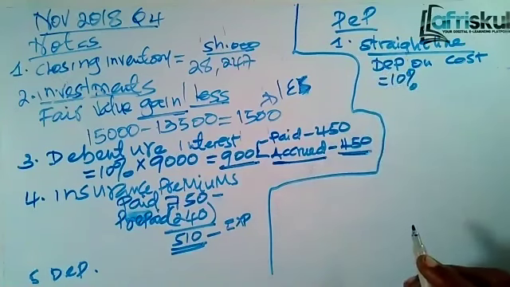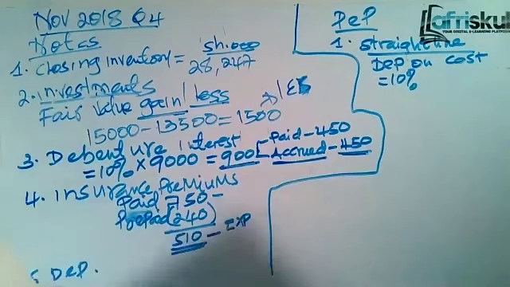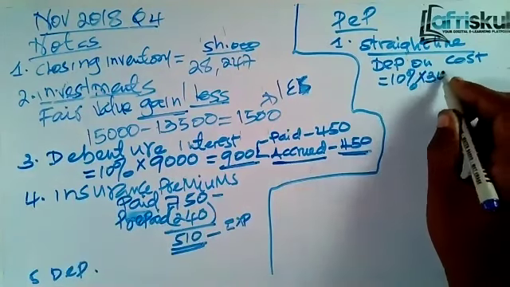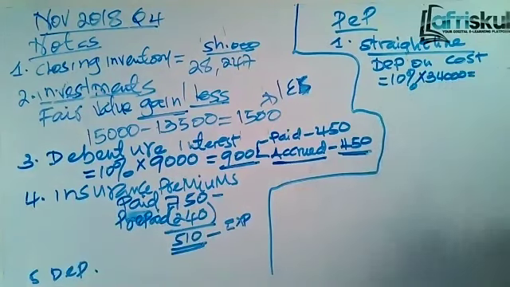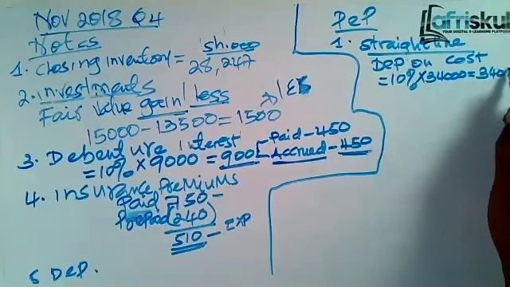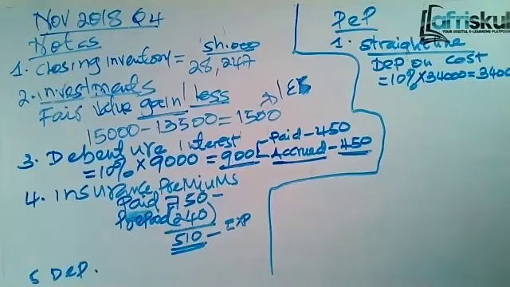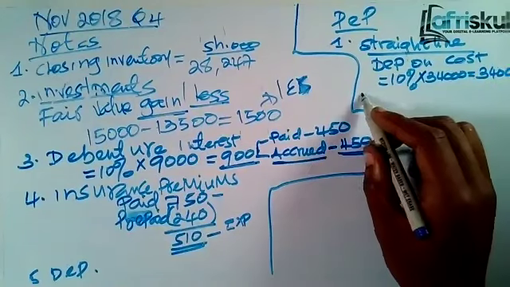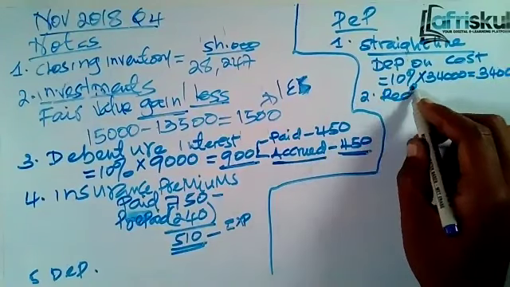I will multiply by the cost of plant and machinery, which is given as 34,000, which in that case, I'm taking as 3,400, which I'm going to take as an expense.